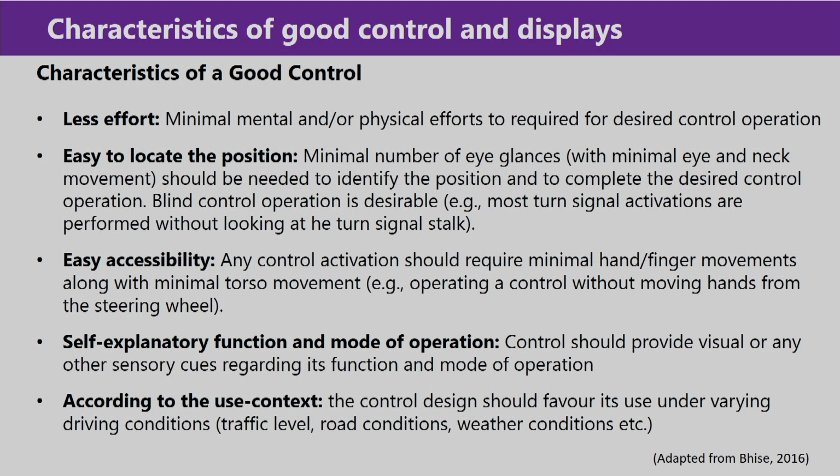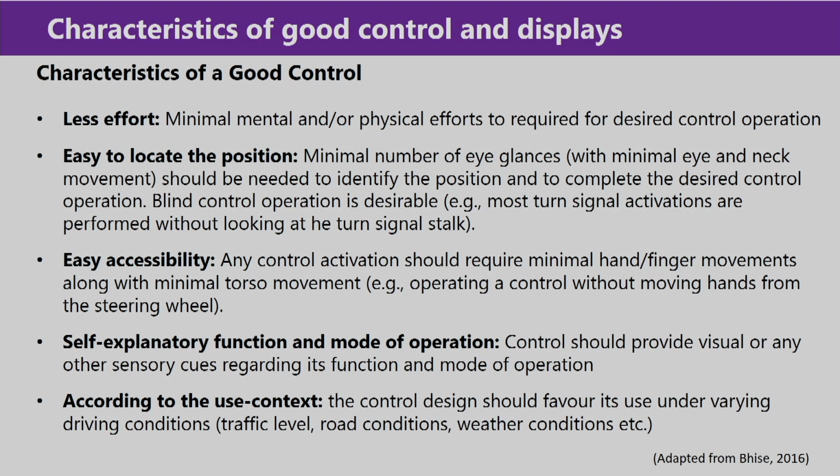In this context, it is important to know about Gibson's theory of affordance. According to Gibson's theory of affordance, the product or the object should give visual cues about the possible way of action. The same is also applicable here. While you are designing the control, for a good control, it should be self-explanatory for its function and mode of operation.